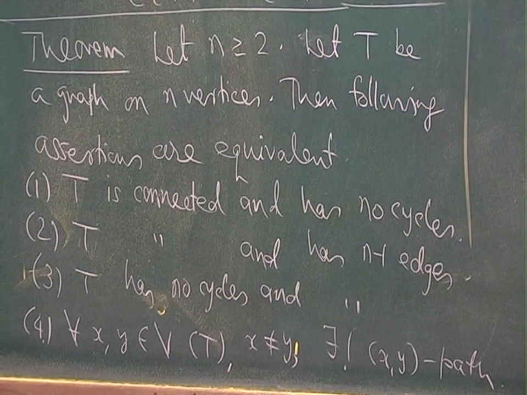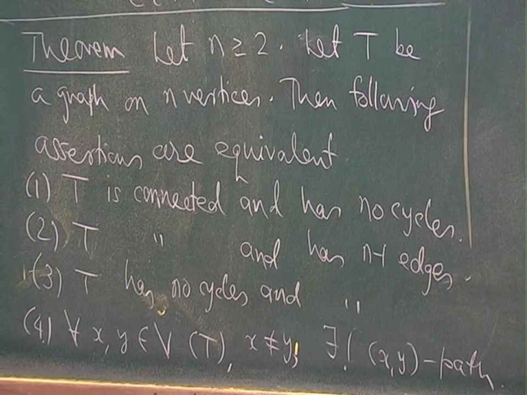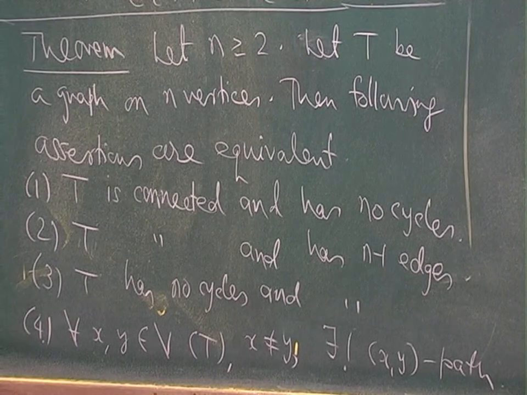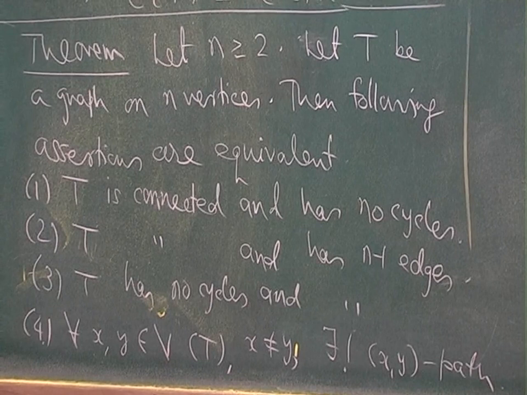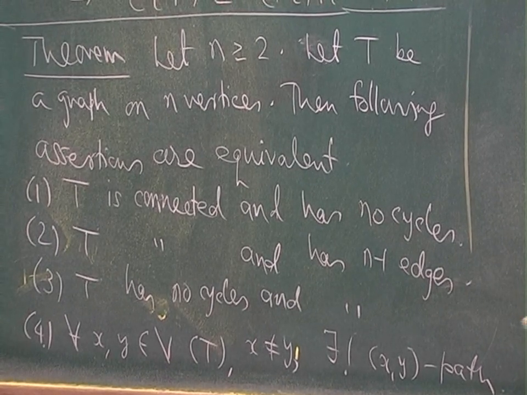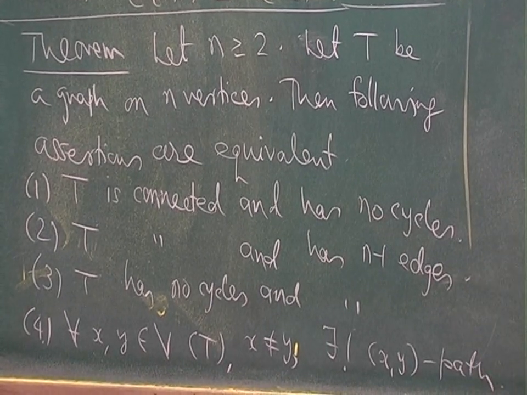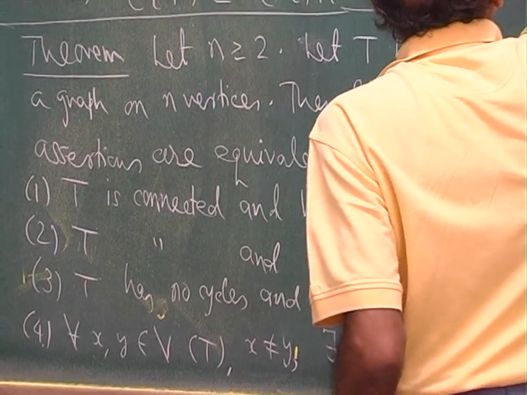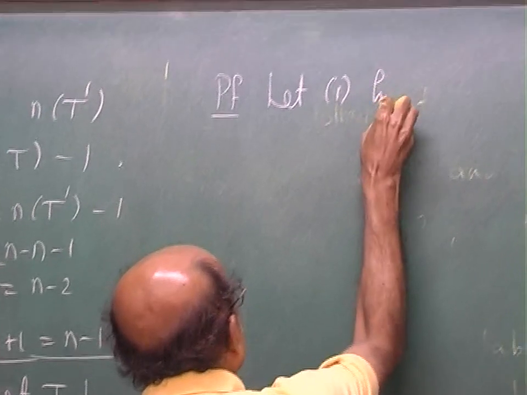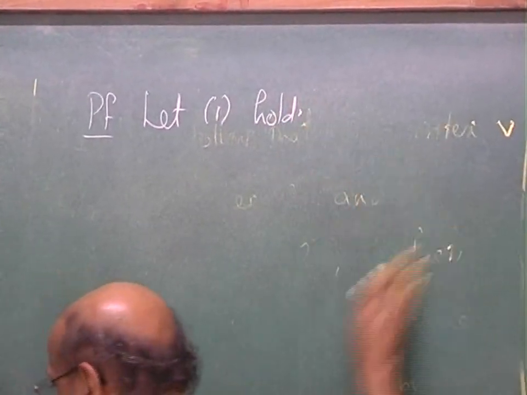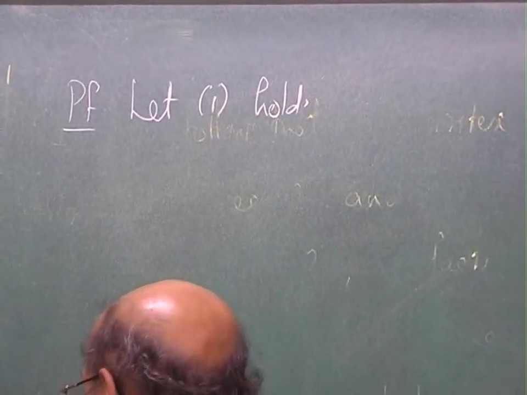Okay, let's quickly see the proof of this. Number 1 is just saying that it's a tree. Connected, no cycles means it's a tree. That's what we call a tree. So let 1 hold. If 1 holds, then T is a tree.